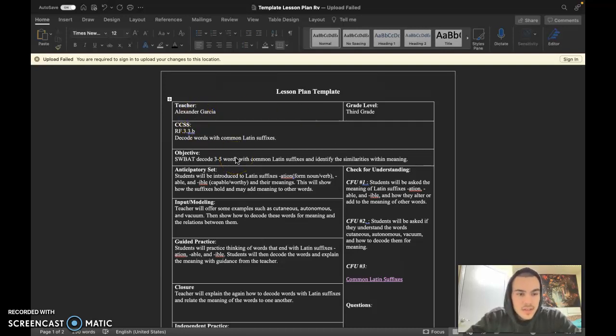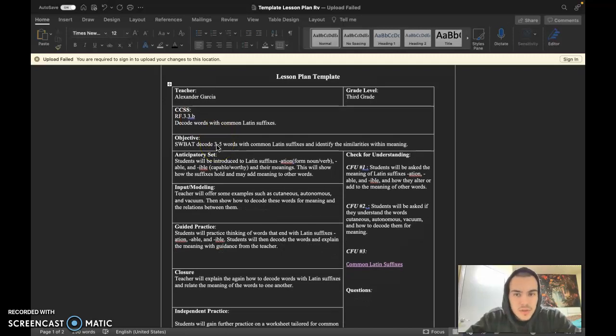Content standard is written here: decode words with common Latin suffixes. It's pretty self-explanatory, but to decode words is to break down words and understand the meaning of the different parts of the word, such as base and suffixes and prefixes, if there are any.